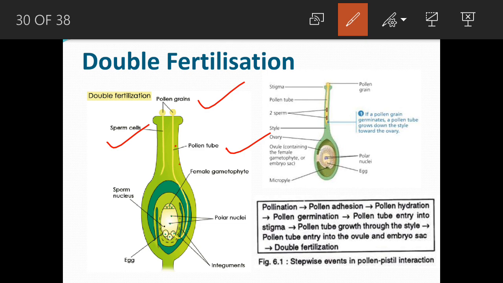It contains the sperm cells, male gametes. It will enter the micropylar end. One will fuse with the egg nucleus, the other one will fuse with the polar nuclei. So double fertilization occurs in angiospermic plants.